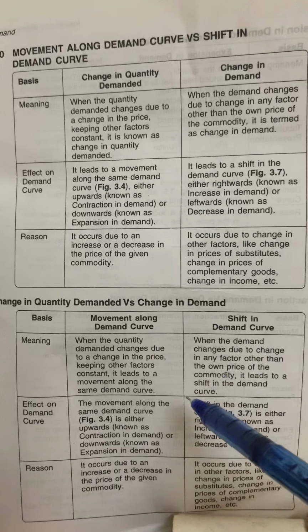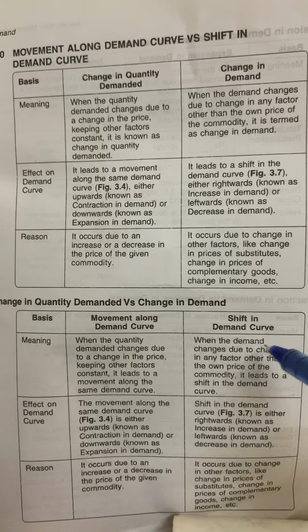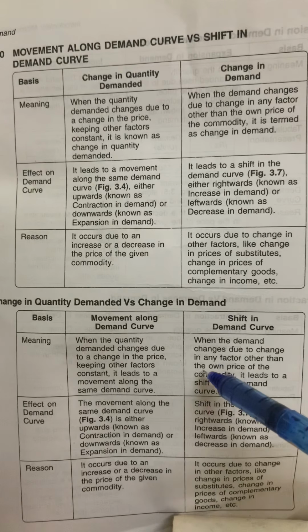either upward or downward. When the demand changes due to the change in other factors, other than the own price of the commodity, it leads to a shift in the demand curve.